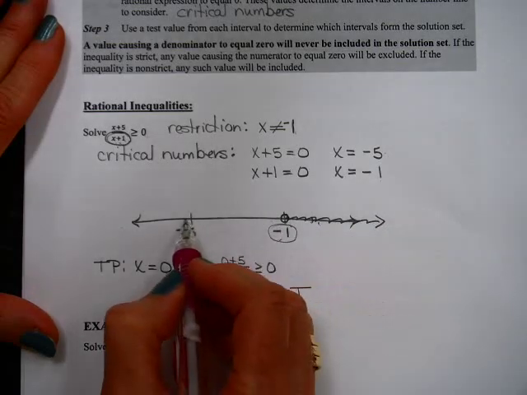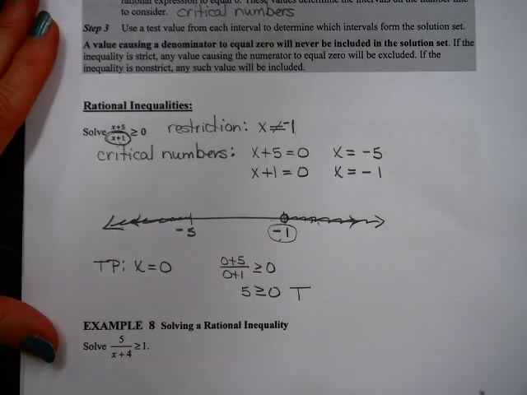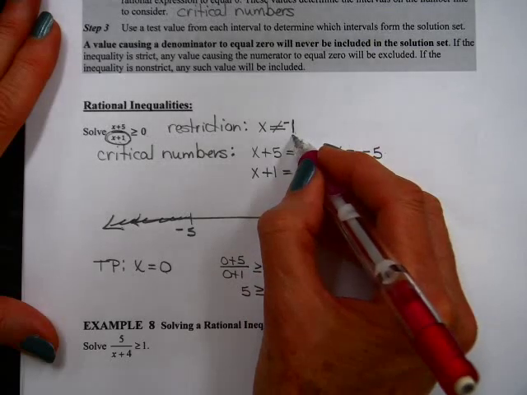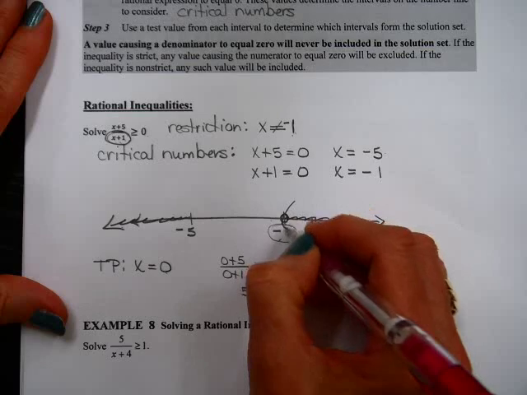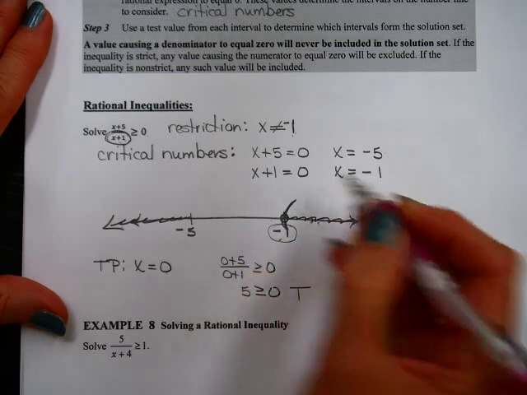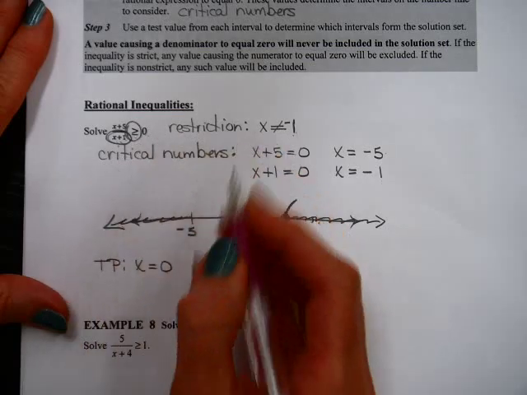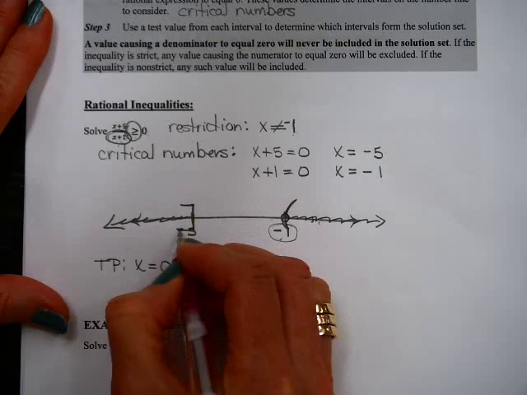And it also means I shade this region. Remember the hint I gave you. I have an open circle here. I can never use this because it came from my denominator. So this has a parentheses. But because this is a non-strict inequality, I have to put a bracket on it.